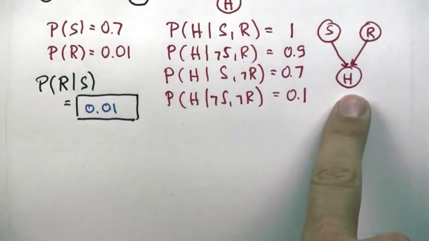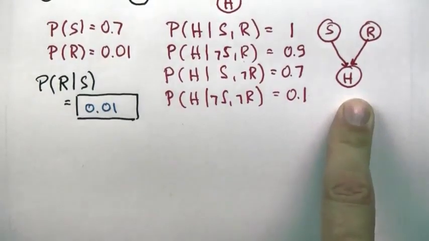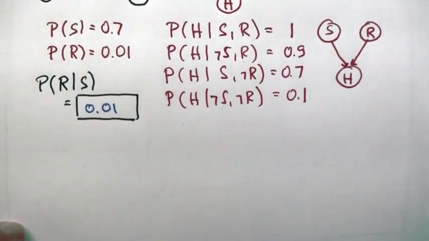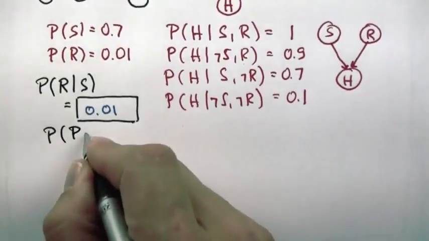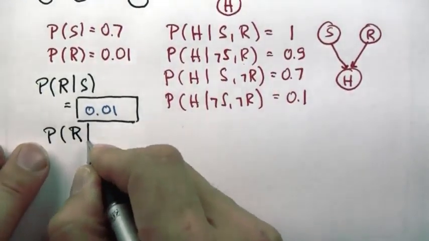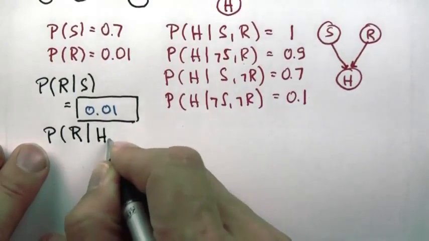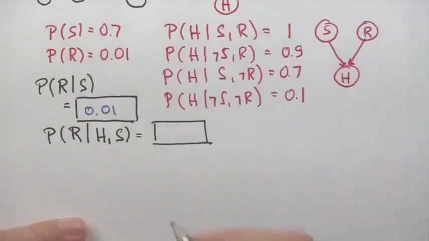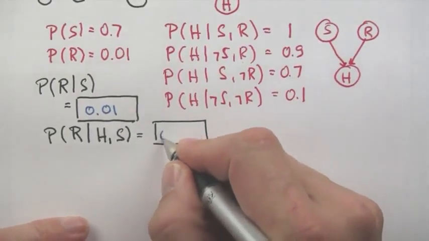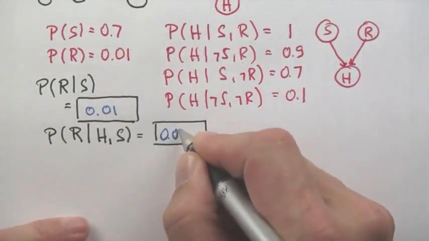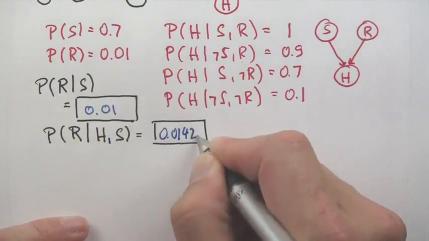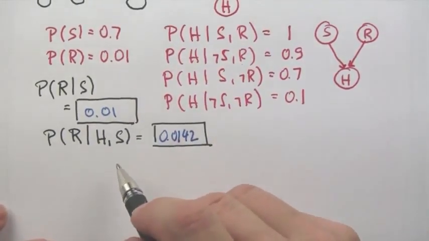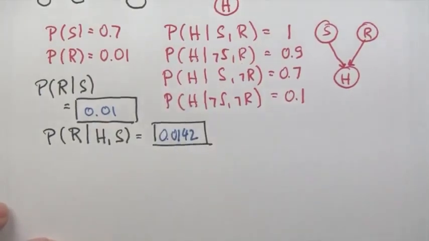So let me put this in numbers and ask you the challenging question of what's the probability of a raise given that I'm happy and it's sunny? The answer is approximately 0.0142, and it is an exercise in expanding this term using Bayes rule and using total probability, which I'll just do for you.